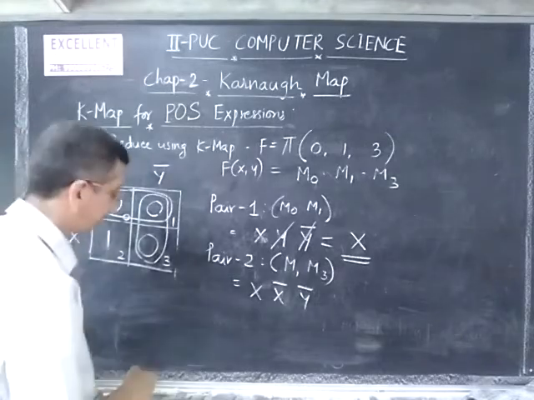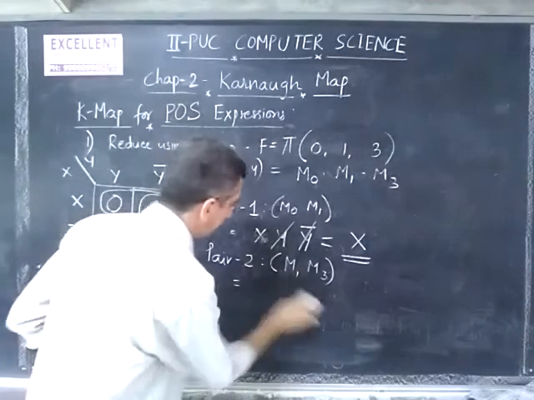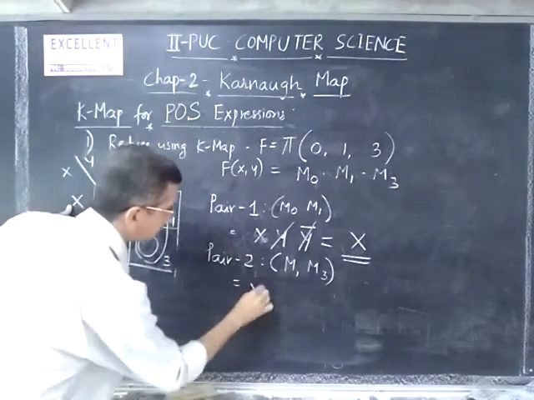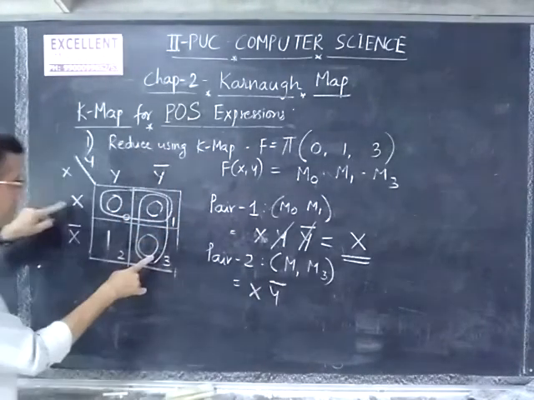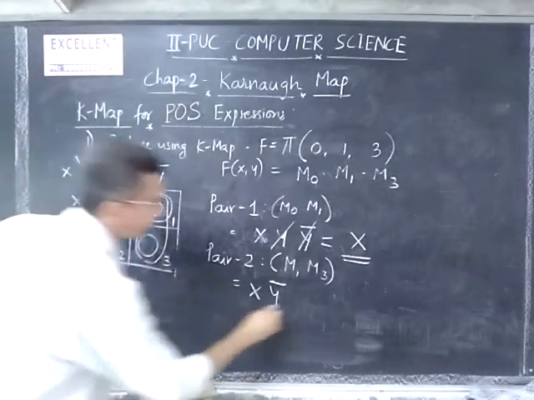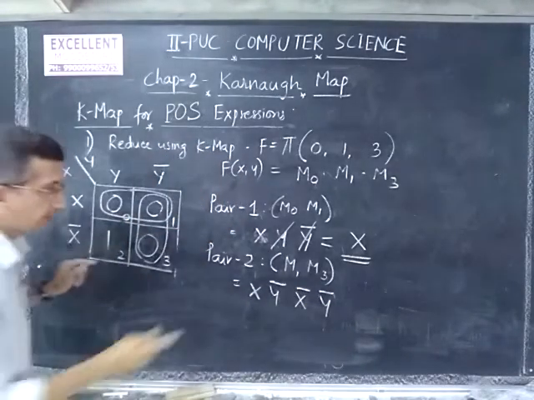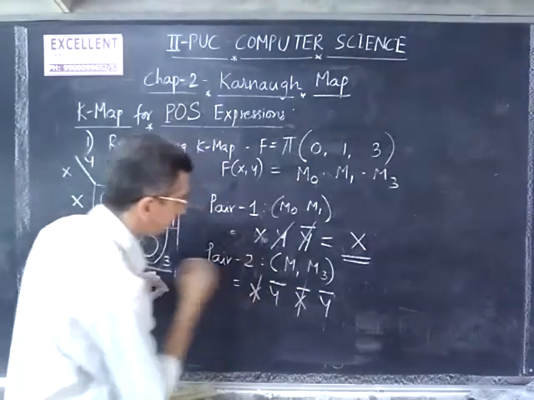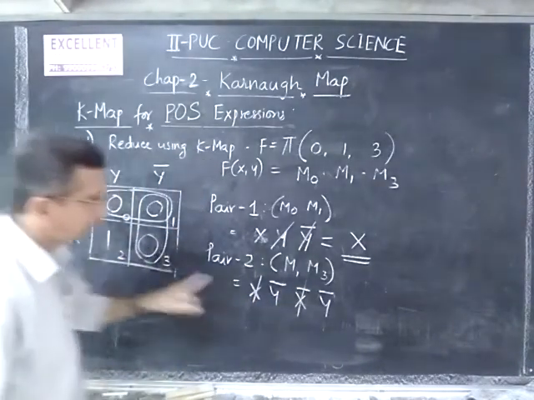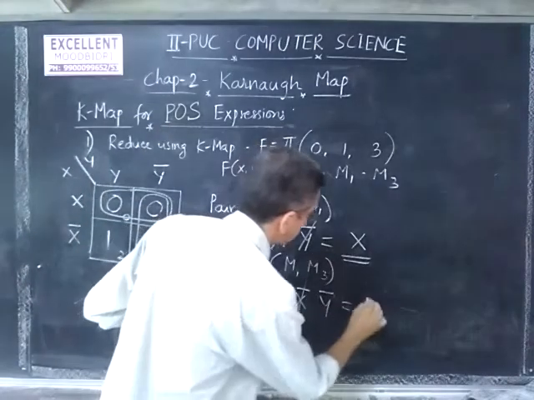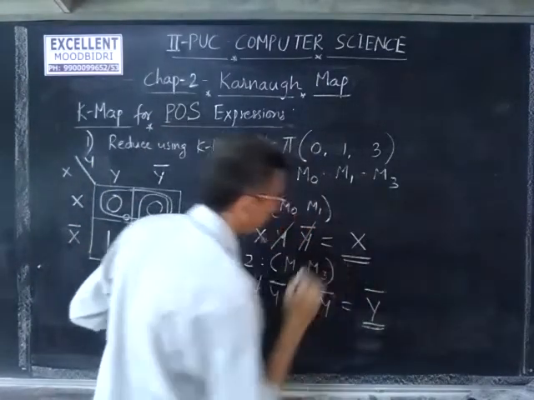So in this way also you can write, either this way or I write for this 0 x and y bar. For this 0 x bar and y bar. Correct? So here x and x bar will cancel. Y bar repeated, y bar only once. You can write this y bar.